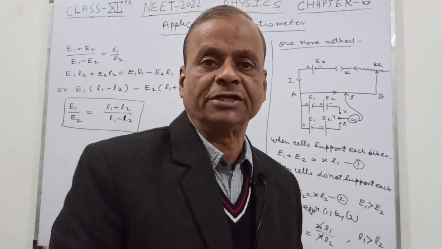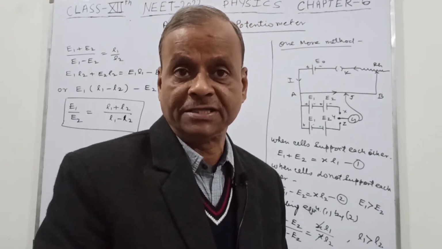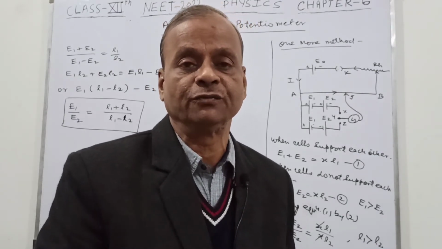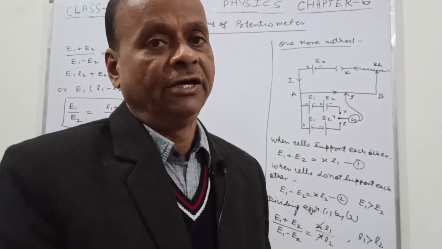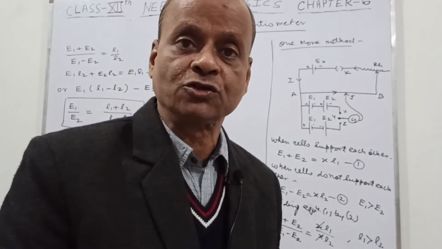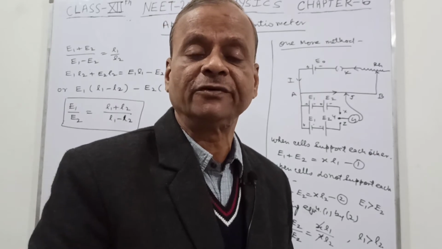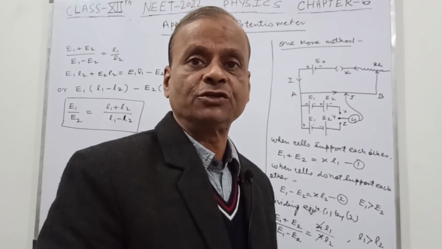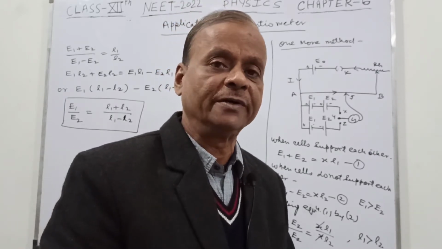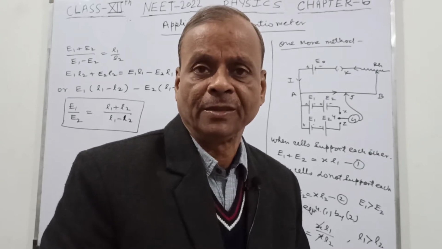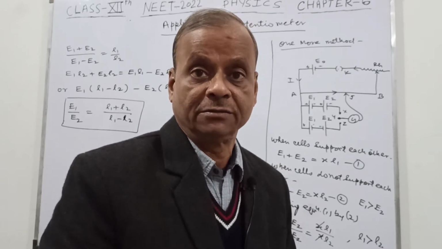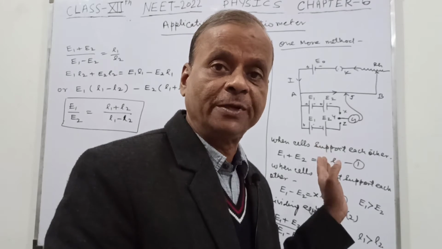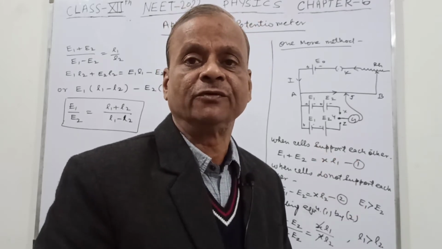Suppose two cells are there and the balancing length for them is so much when they are supporting each other, and when they are not supporting, the balancing length is so much. Now compare the EMF of the two cells. So just take out L1 plus L2 upon L1 minus L2. Whichever is more, that you take. So this will be the comparison of the EMF of the two cells.